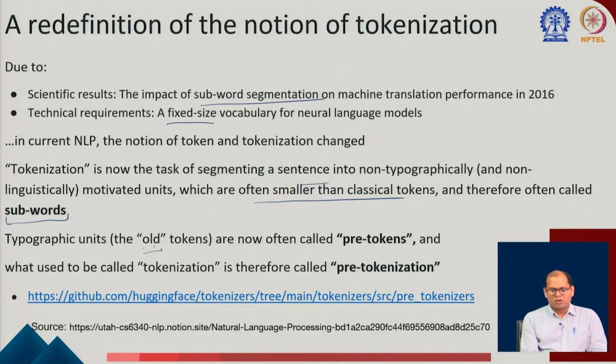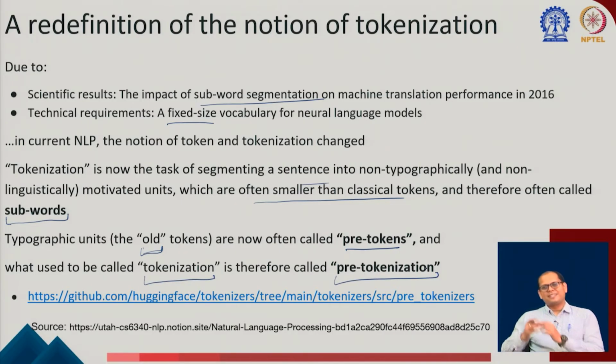Previously, whatever used to be called tokens, the typographic units from white space tokenizers, are now called pre-tokens, and what we used to call tokenization earlier is now called pre-tokenization. So you take a sentence, do pre-tokenization, and then you do tokenization by finding the subwords.